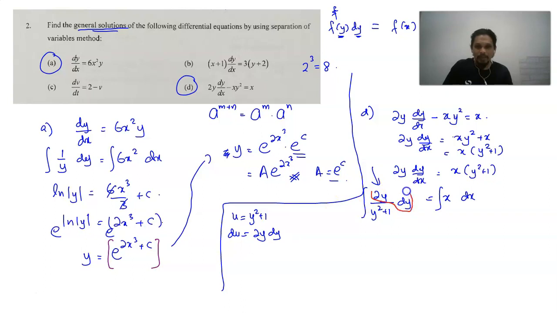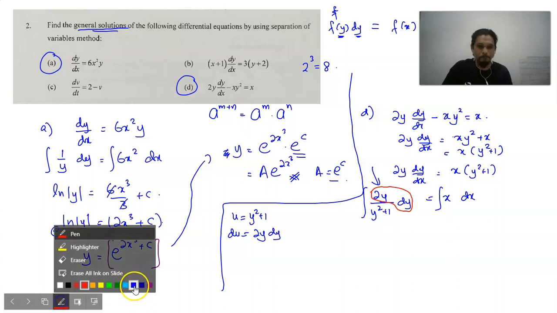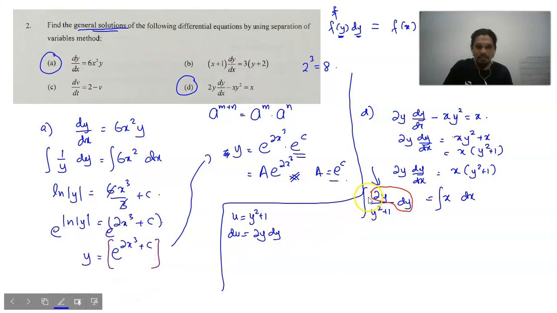Just imagine that this is 1 over u. So it is actually the integral of 1 over y squared plus 1 multiplied by 2y dy. So the integral of 1 over u du, since 2y dy equals du.